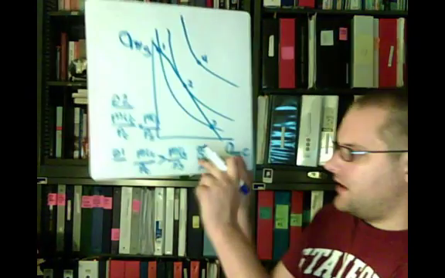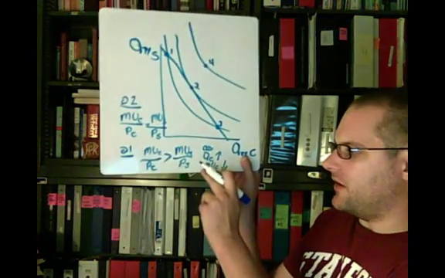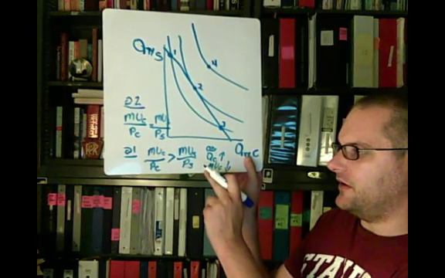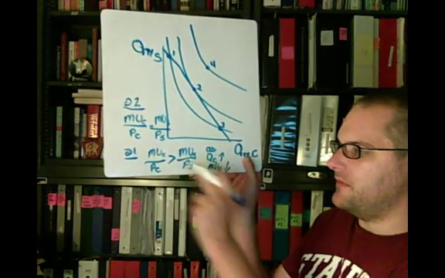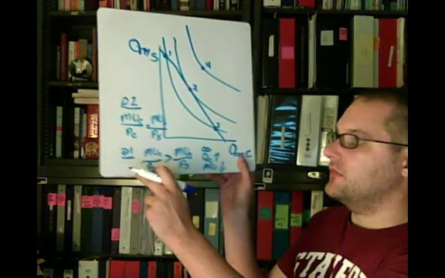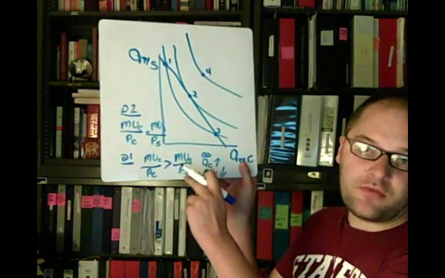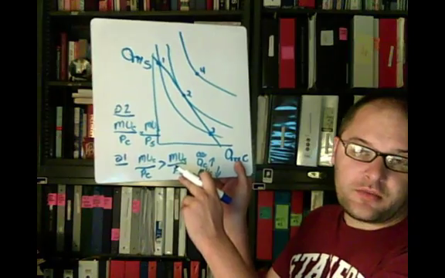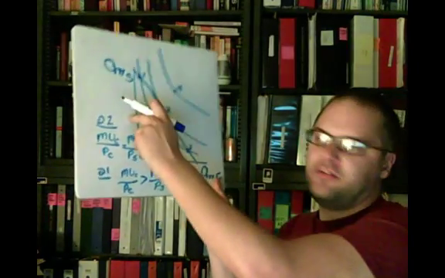The only things changing are marginal utilities. Marginal utilities are changing because of the law of diminishing marginal utility. As the quantity of crest is rising, marginal utility of crest is falling. So that would mean that this is then falling. This, on the other hand, would have to be rising, and this would be rising because I'd be consuming less sushi. As I consume less sushi, the marginal utility rises.